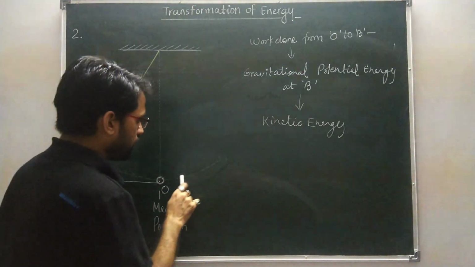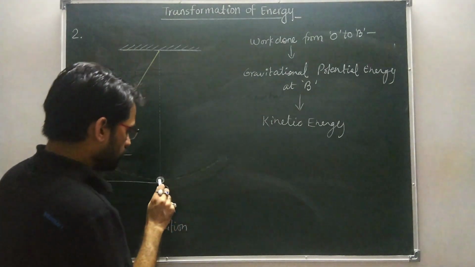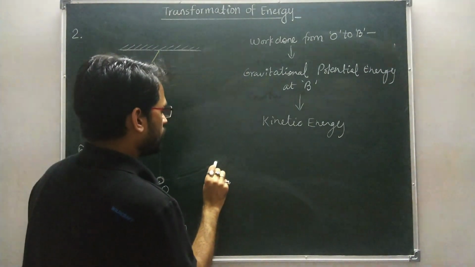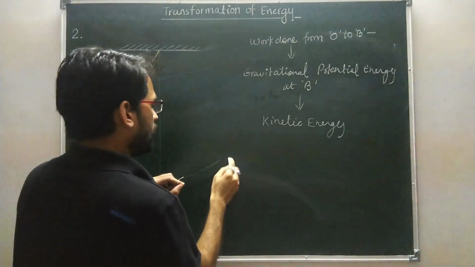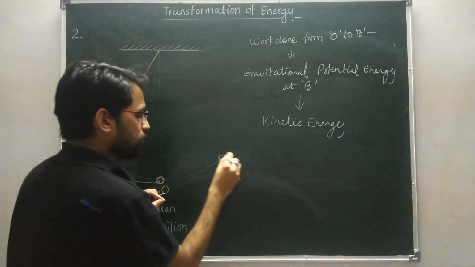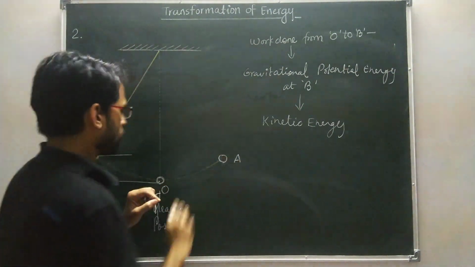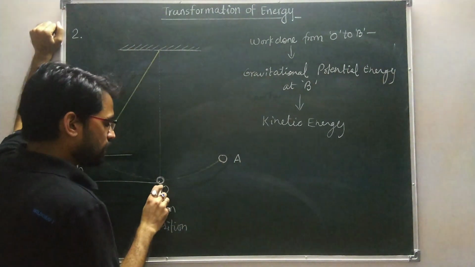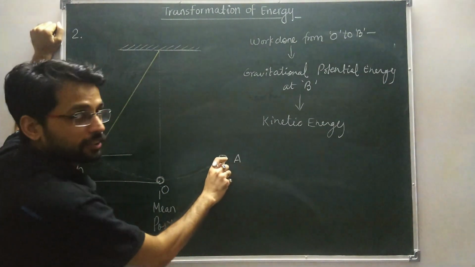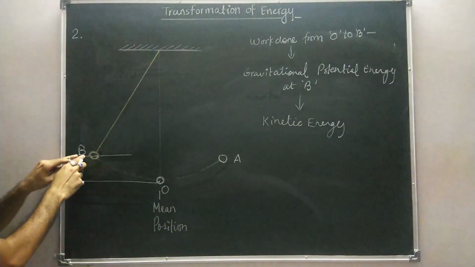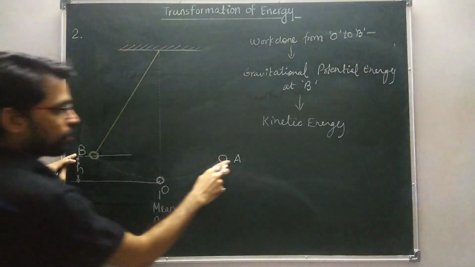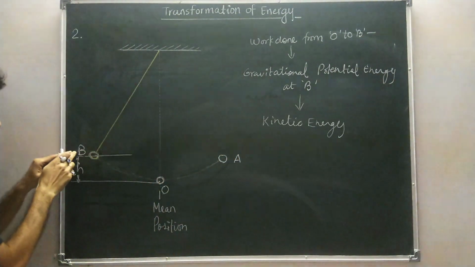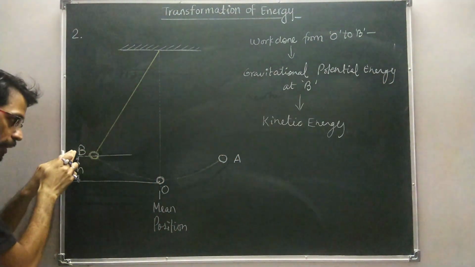Again, moving further, the kinetic energy is gradually converted into potential energy, and here at this extreme, say A, the kinetic energy is totally converted into potential energy, which is equal to the gravitational potential energy at B. So the gravitational potential energy at A is equal to the gravitational potential energy at B.